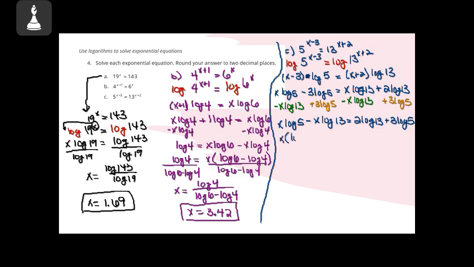To get my final answer is 2 log 13 plus 3 log 5 all over log of 5 minus log of 13. I will show you in Desmos how I would type that in. Give me just a minute, but you should get negative 10.42. And on the next slide, I will show you how I type those in Desmos.